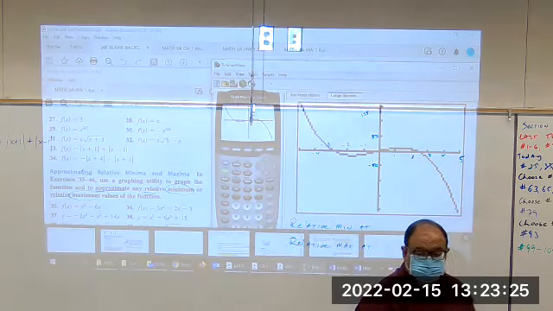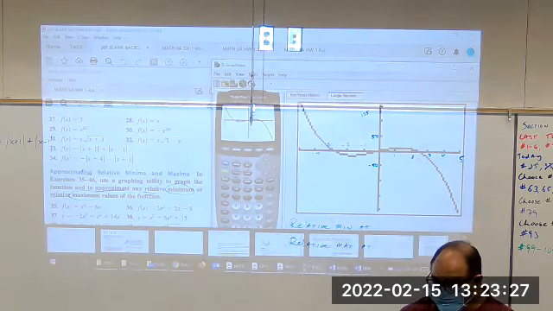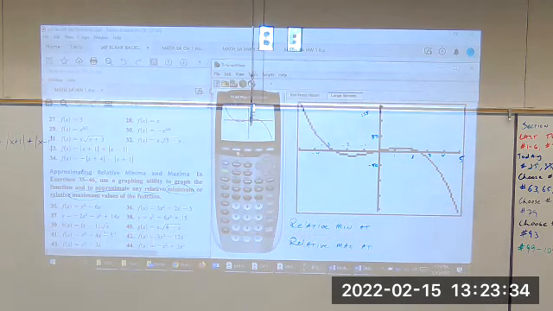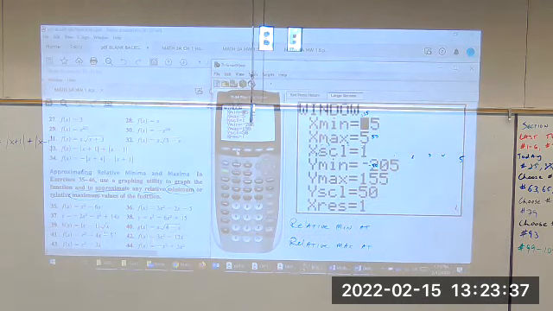I can change now the window to get a better visual of those maximums and minimums. So -4 to 4. So we change the y minimum to -50, the y maximum to +50. And that way, I'll put the y scale now at every 10.